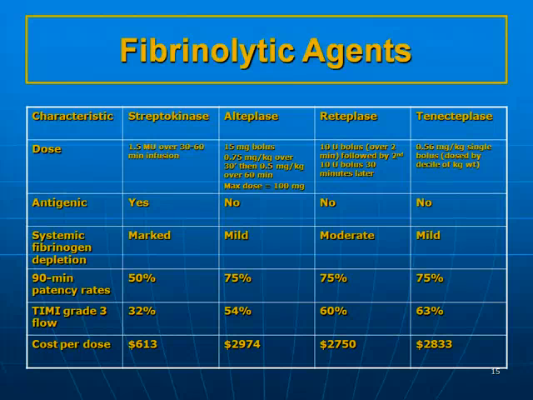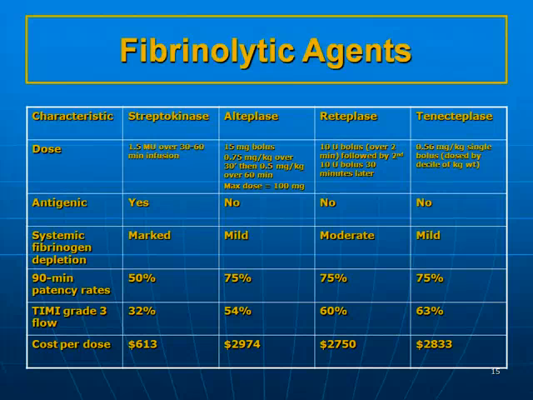But we do not have direct head-to-head comparative data of RPA and TNK. So if you're someone who believes in logic, you could argue that if A equals B and B equals C, does that mean that A equals C? Well, we don't know, but I think most people have concluded that RPA and TNK are probably equal in terms of their ability to cause reperfusion and reduce mortality in STEMI.